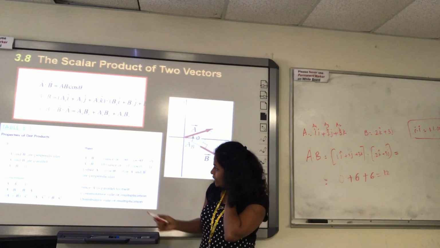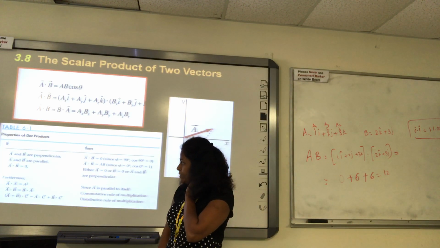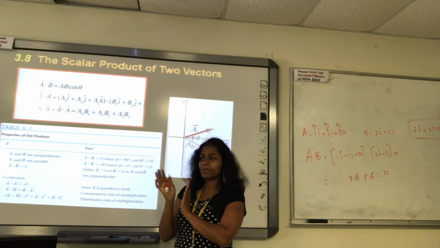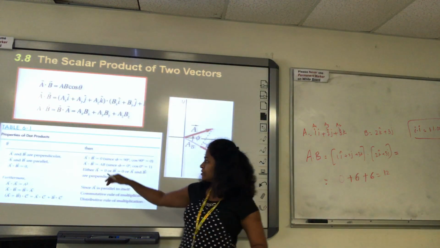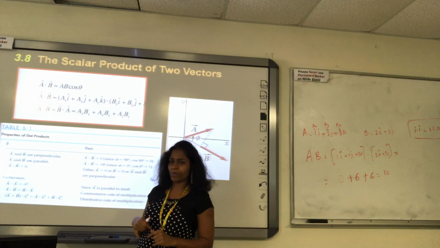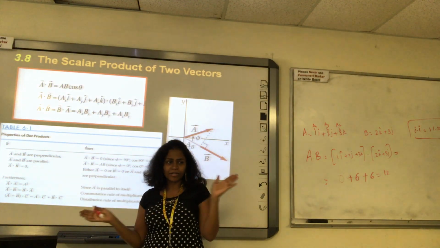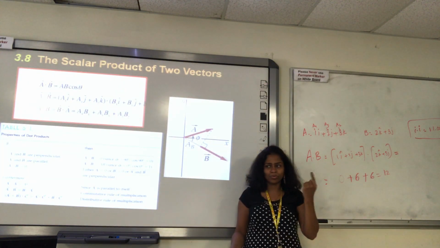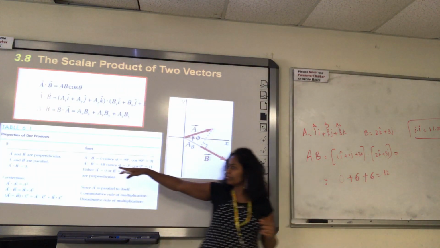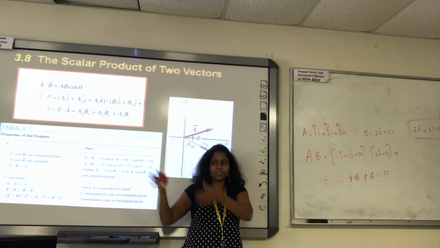And then there are some properties right here. If A and B are perpendicular, it means the angle is 90 degrees. Cosine 90 is 0. So that's going to give you a 0 product. And if they are parallel to each other, it means the angle between them is 0. So cosine 0 is 1. So whatever you multiply, you get just their magnitudes as the answer.